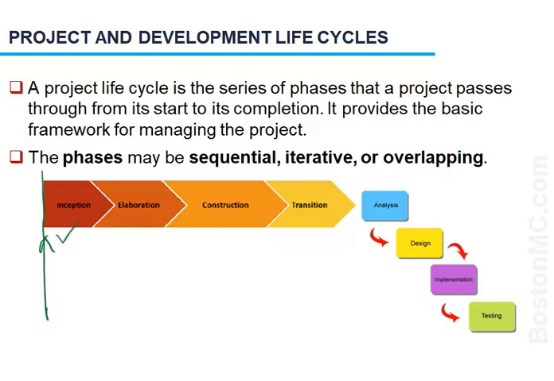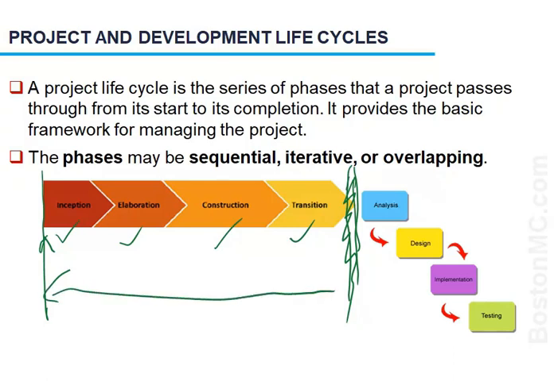For example, inception, elaboration, construction, transition. That will be the case with a construction project. And at the end of transition here would be the delivery date, the end of the project. So that's the span of the project life cycle, beginning to end.